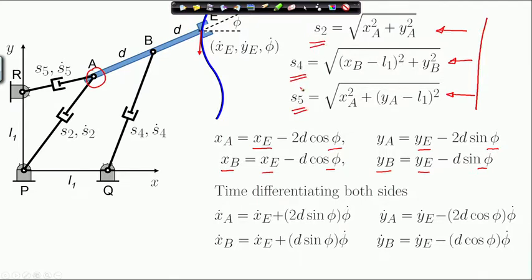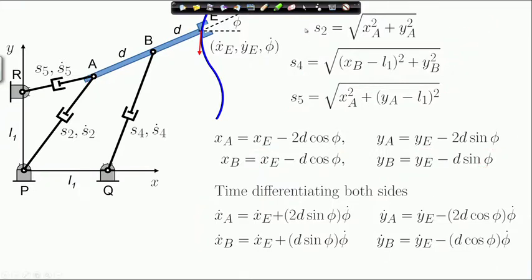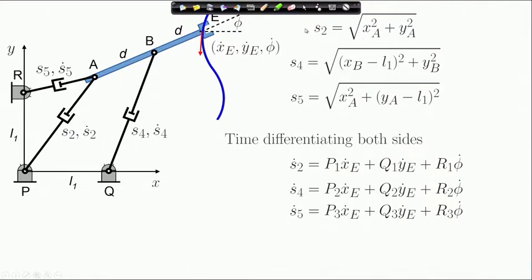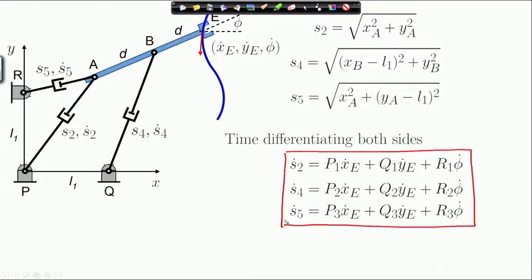So, once I differentiate these relations with respect to time and use the velocity relations that I have here, then I obtain the velocity relations between the end effector velocity vector and the actuator expansion rates.